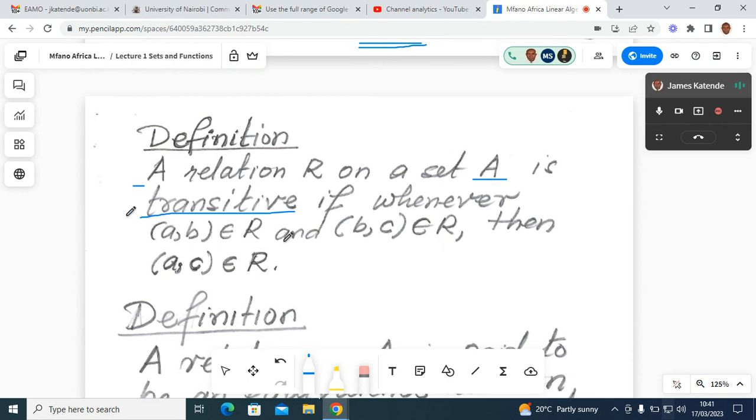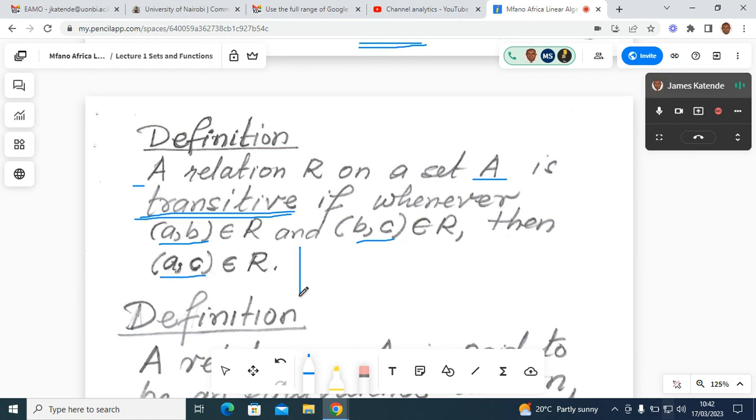So the last property we shall look at is the transitive property. If you have a relation on a set A, we say it's transitive if the following happens. If a is related to b and b is also related to c, then a must also be related to c.